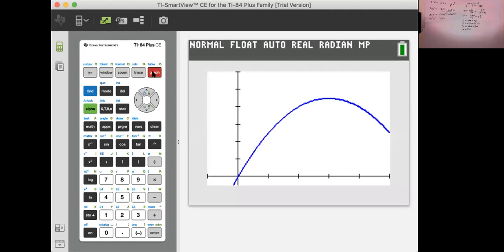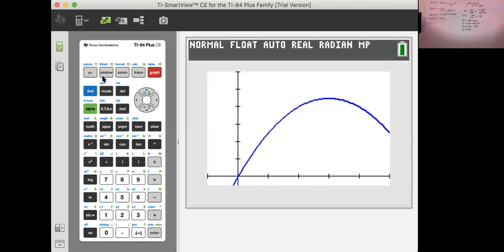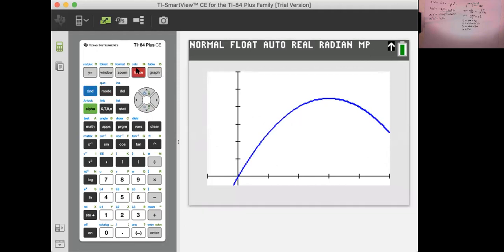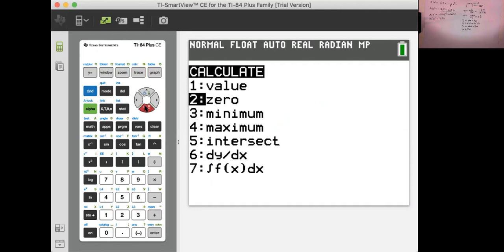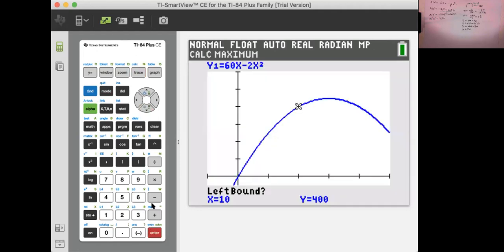Let's take a look at our graph. So there it is. We want to find the maximum value. Remember, the X value represents the width, but the Y value here represents the area. Second calc, maximum finder. A little bit to the left. Enter. A little bit to the right. Enter, and then the guess.